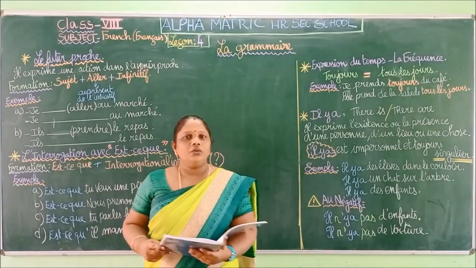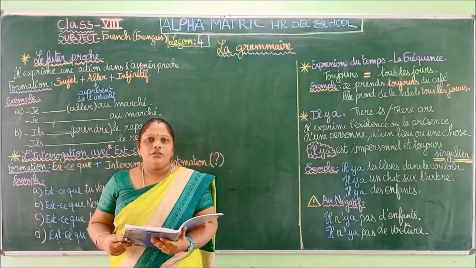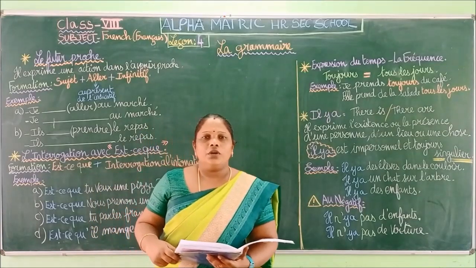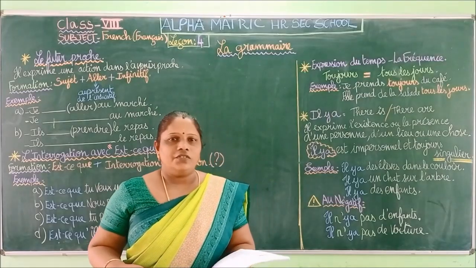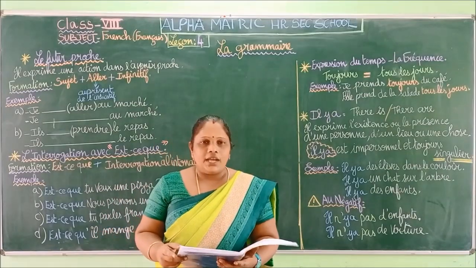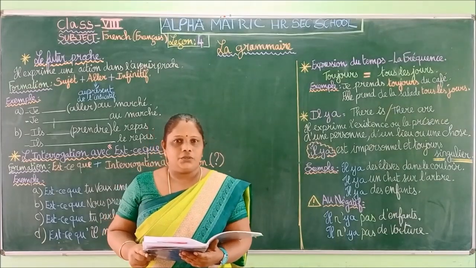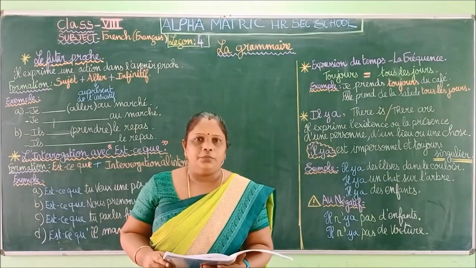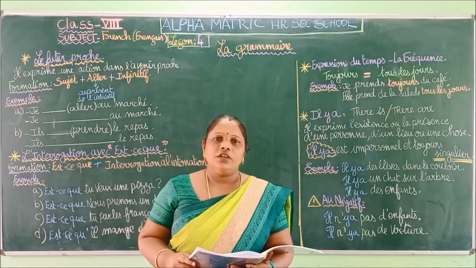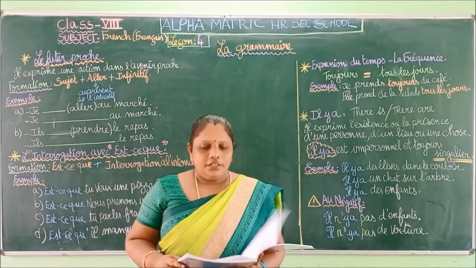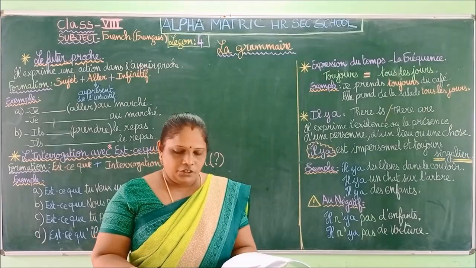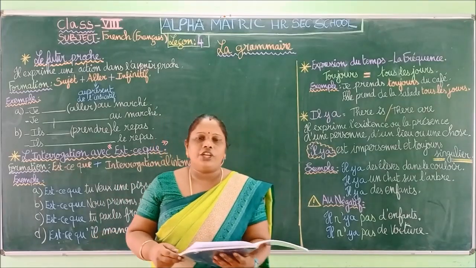On va voir la continuation de cette grammaire, de la leçon numéro 4. So we are going to follow the grammar of lesson number 4. Last class, what did we see? The present tense of verbs, the -ger group verbs. We saw the conjugation of -ger group verbs. Then we saw some verbs and their conjugation; take your book, page number 49.